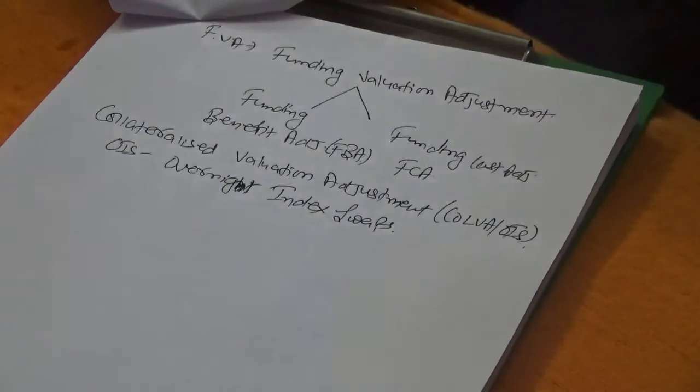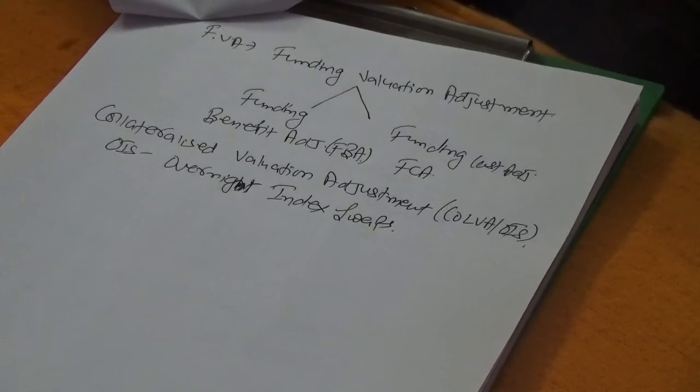Hope you remember that approximately 1 year ago, the Federal Reserve gave a license to banks to discount their valuation adjustments using OIS but not LIBOR, because of the huge speculation that has happened in LIBOR, and we know that the LIBOR scandal is very big. Because of the scandal, the valuation of LIBOR moved to ICE from the British Bankers' Association. COLVA is collateralized valuation adjustment.